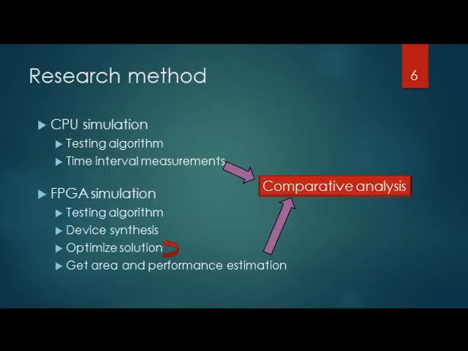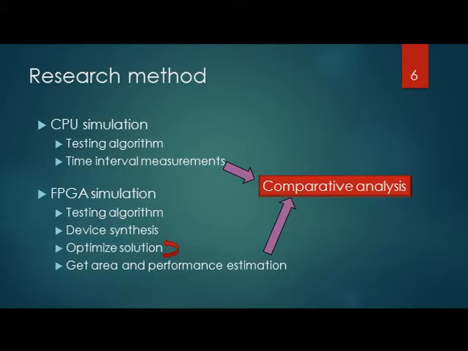There are two main steps in the research: get the performance estimation both for program and hardware solution, and then compare it according to hardware costs of synthesized devices. For CPU and FPGA testing, we used the same source code for each algorithm.